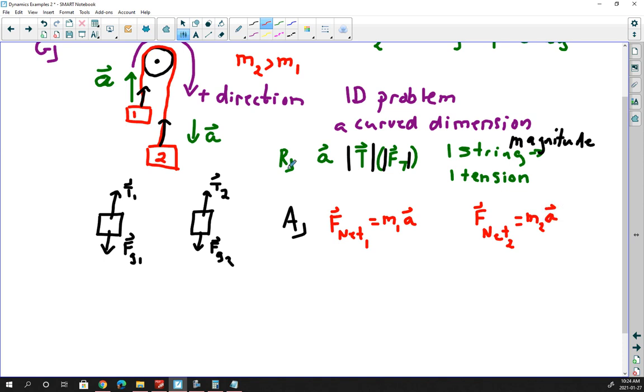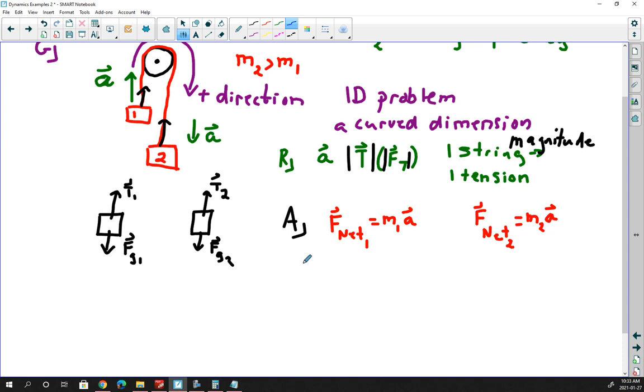Now the acceleration is going to be same for both of them because they're both accelerating in this positive direction of the string motion and the turning of the pulley. That's what we're going to consider to be the positive direction. Okay, so let's continue with our analysis.